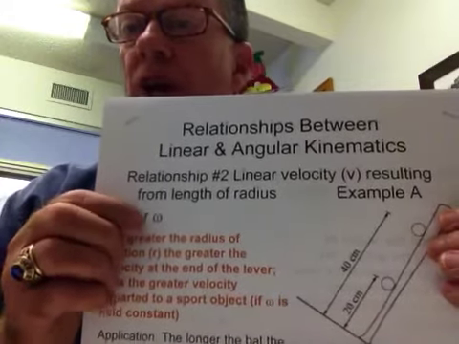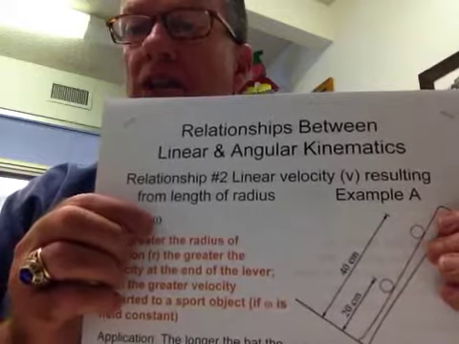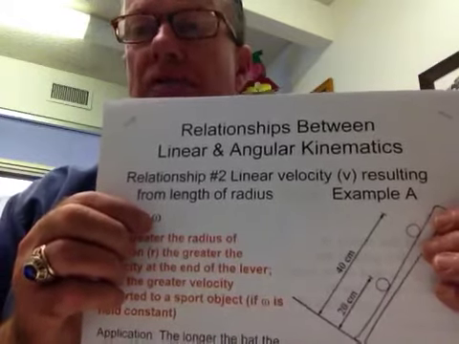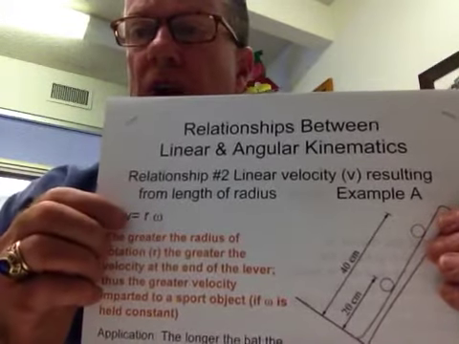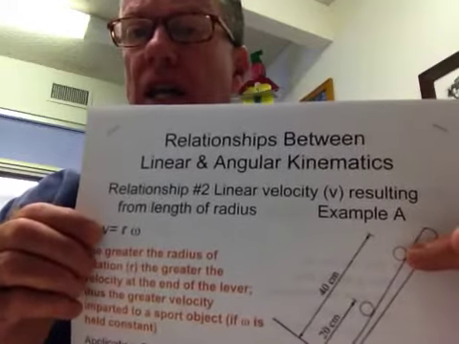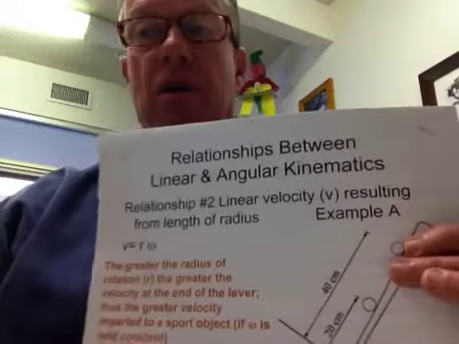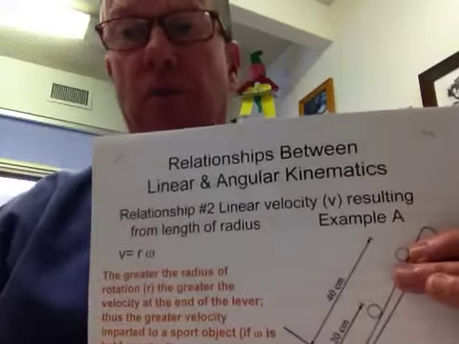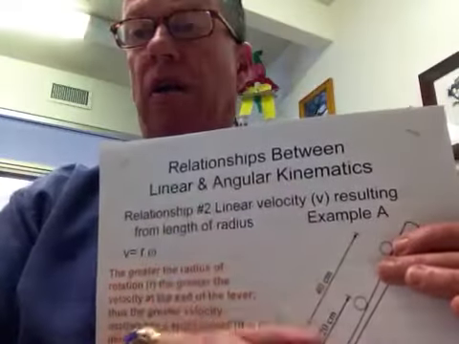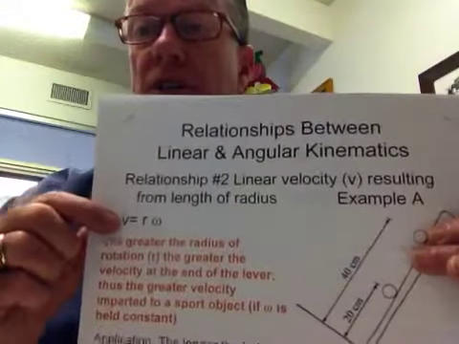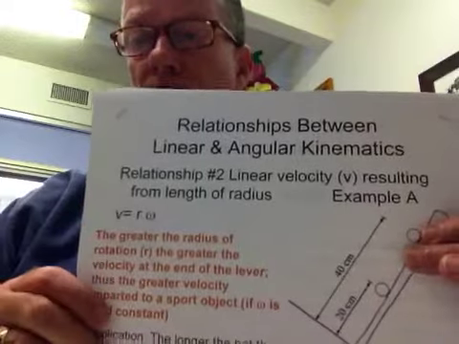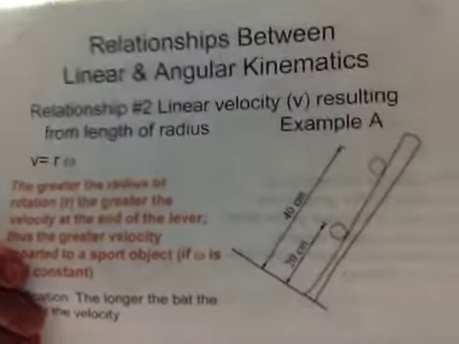If you have a long bat and it's moving angularly very fast, you're going to have big velocity at the end of the lever. That hits the ball and the ball will be accelerated and ultimately have greater velocity. So that's way important in striking sports. Appreciate that the longer the bat, the greater velocity at the end of the bat.